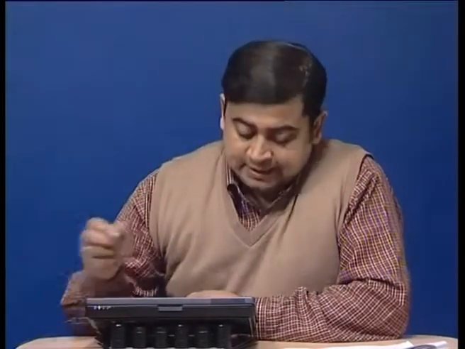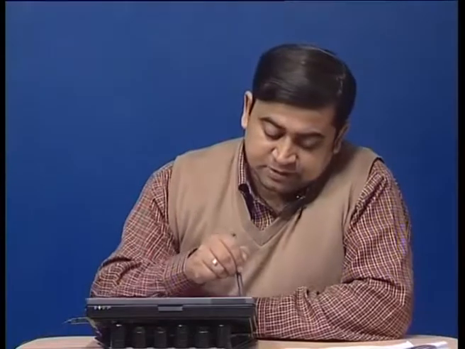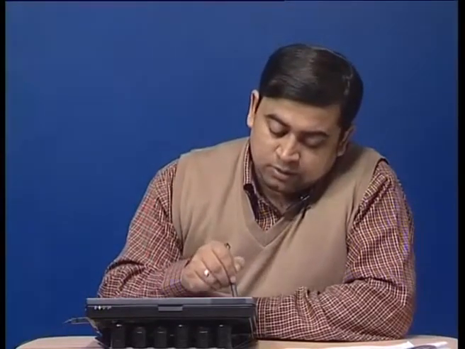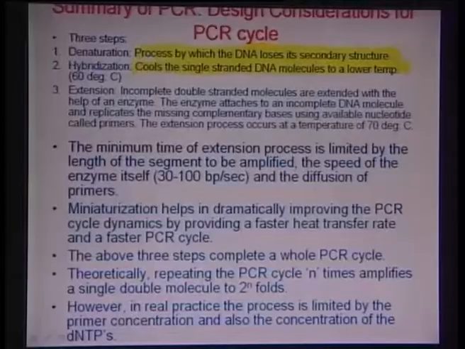So essentially, again, the denaturation is the process of cleaving the molecule by which the DNA loses its secondary structure. Hybridization, on the other hand, cools the single-stranded DNA molecule to a lower temperature, let's say about 60 degrees or so, and hybridizes the primer.